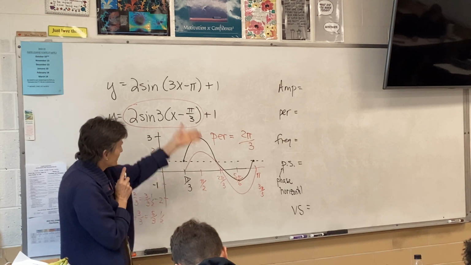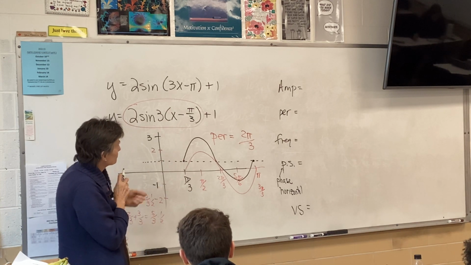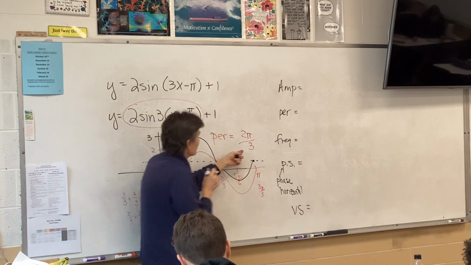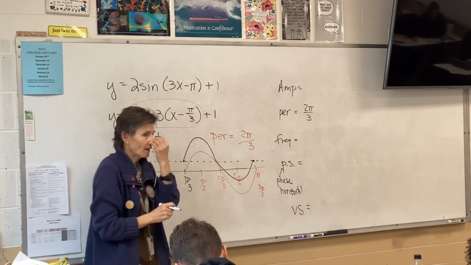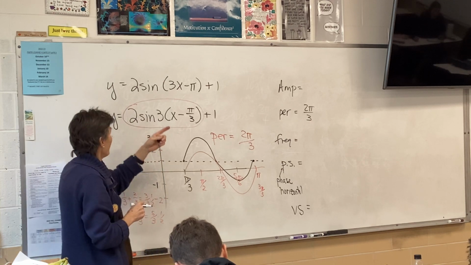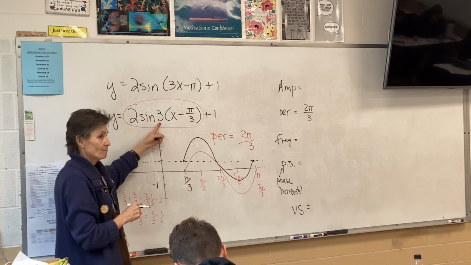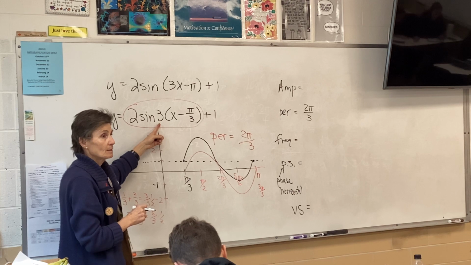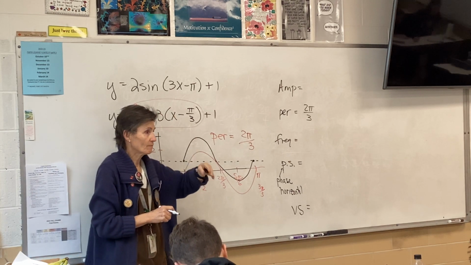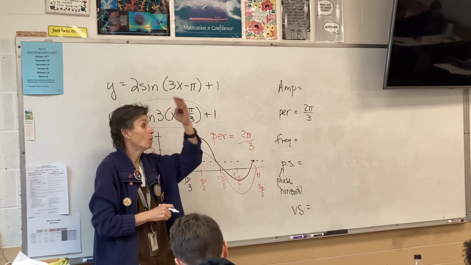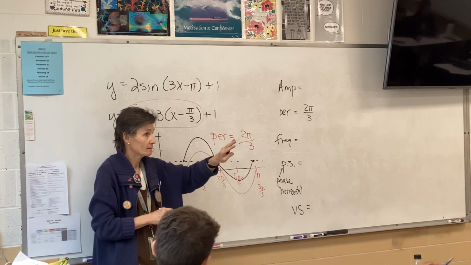Tell me anything. What do you know there in that list? Well, we know the period's 2 pi over 3 because I wrote it down already. How do we find period? 2 pi divided by that number. And what does period mean? One cycle of the curve. So in the sine, one hill, one valley.